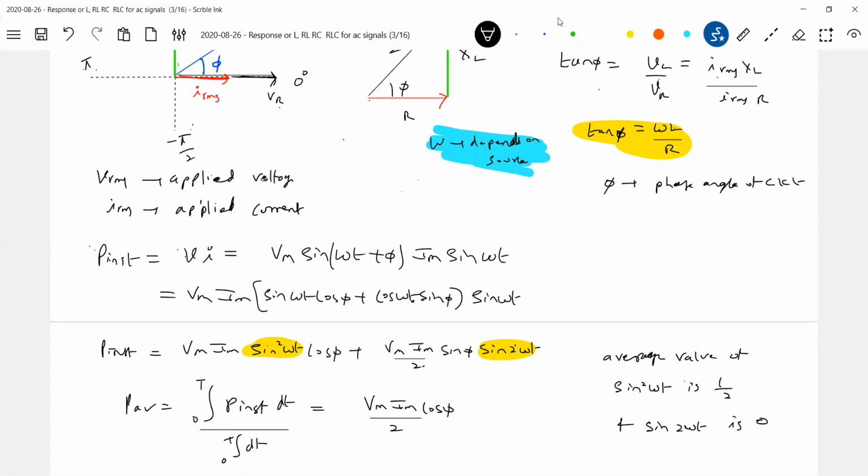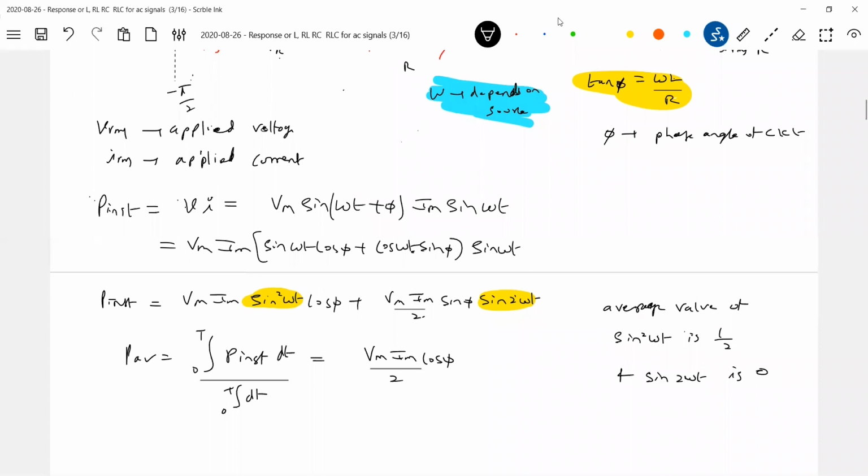Got it, no? So now further Vm Im by 2, let's see what actually it is. What is Vm? Vm by root 2 is Vrms. Similarly Im by root 2 is Irms. So the average power is Vrms Irms cos phi. You have to remember the formula at any cost.